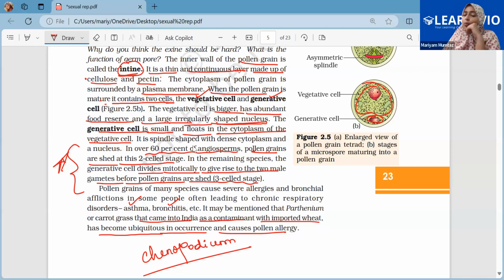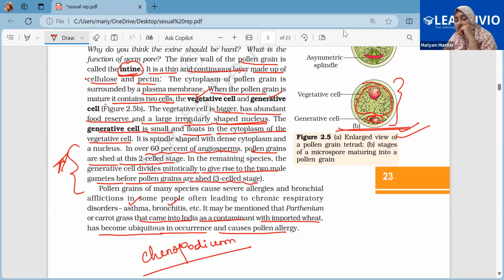Now, once the pollen grain has this structure, meaning outer exine, inner intine, and then the two cells, in 60% of angiosperms the pollen grains are shed at the two cell stage, meaning once the pollen grain reaches this particular stage, then they are shed after dehiscence of the anther. So this is the two cell stage, and in 60% of angiosperms this is the stage at which the pollen grains are shed.